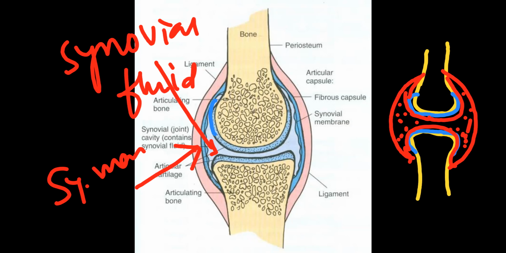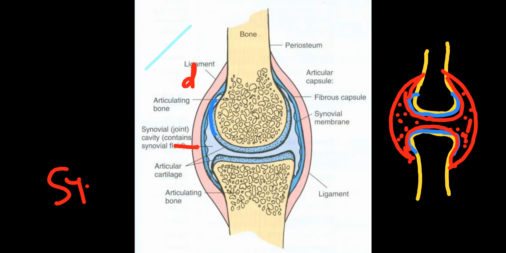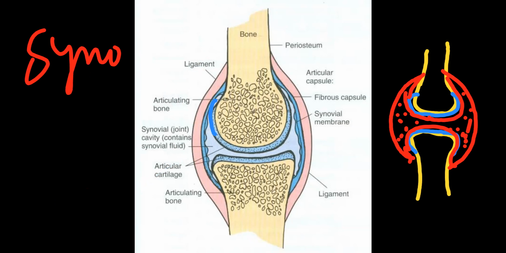So this joint, which is in the synovial cavity surrounded by synovial membrane and filled with synovial fluid, is called a synovial joint. These joints are known as synovial joints.